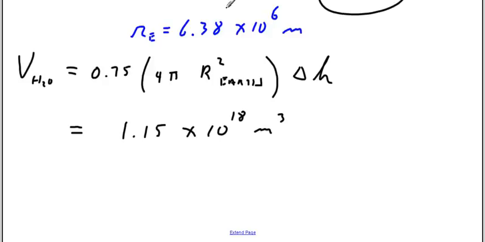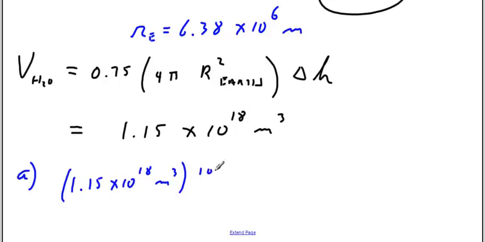So we look at the A answer, and we want the number of moles. So I've got 1.15 times 10 to the 18th meters cubed, and I'm going to multiply that by 1025 kilograms per meters cubed of water.